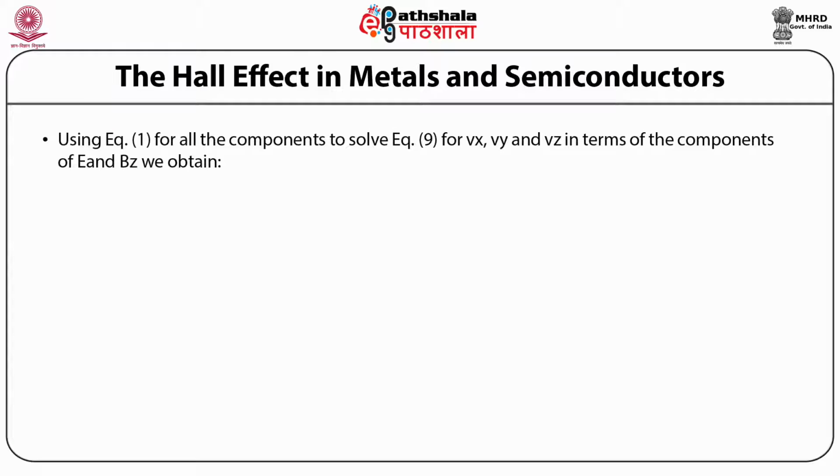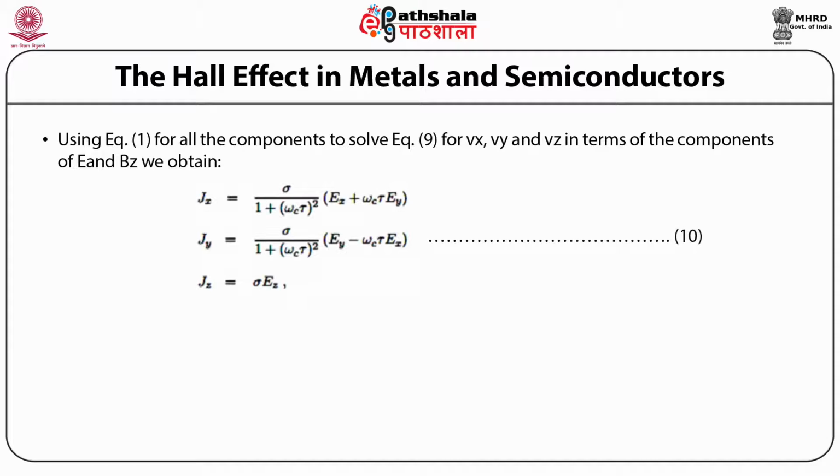Using equation 1 for all components to solve equation 9 for Vx, Vy and Vz in terms of components of E and Bz, we obtain Jx = sigma/(1 + (omega_c tau)^2) multiplied by (Ex + omega_c tau Ey).